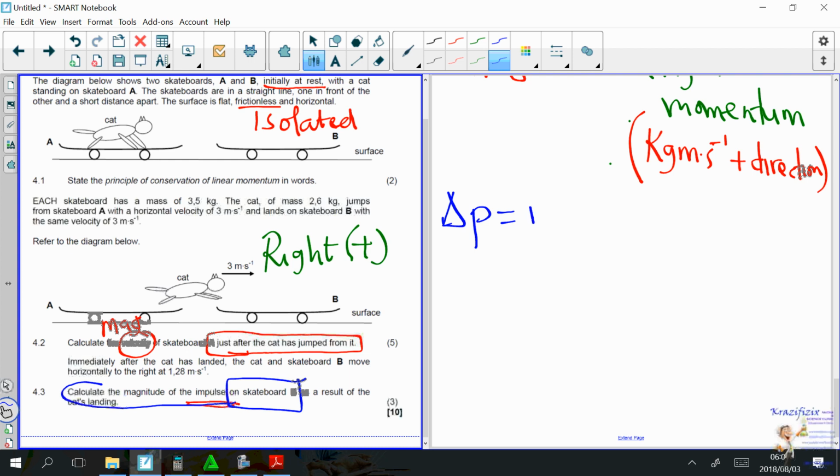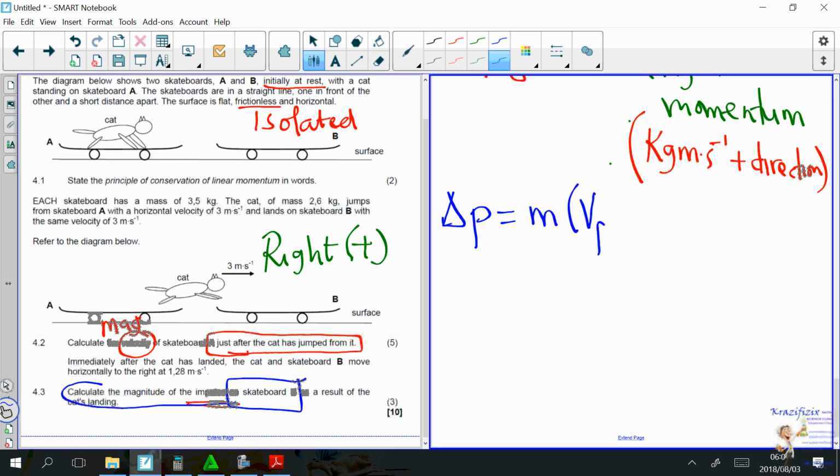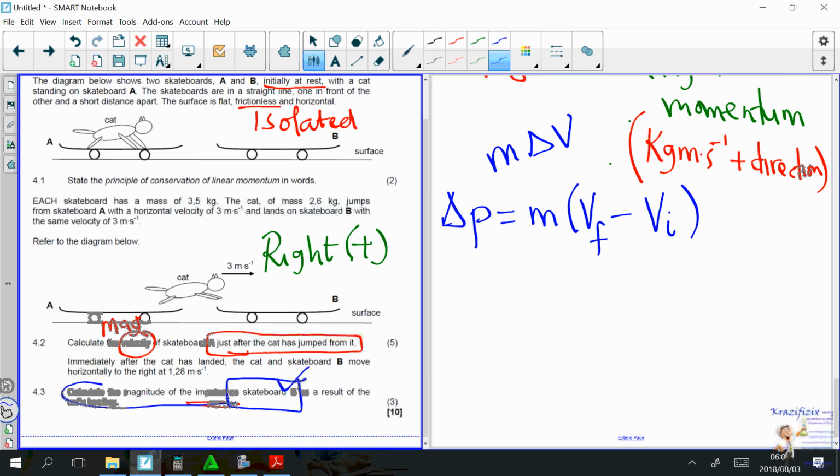Change in momentum is mass times final velocity minus initial velocity, because it's simply m delta v. But which object am I going to use here? The question says on B, so let's stick to B.